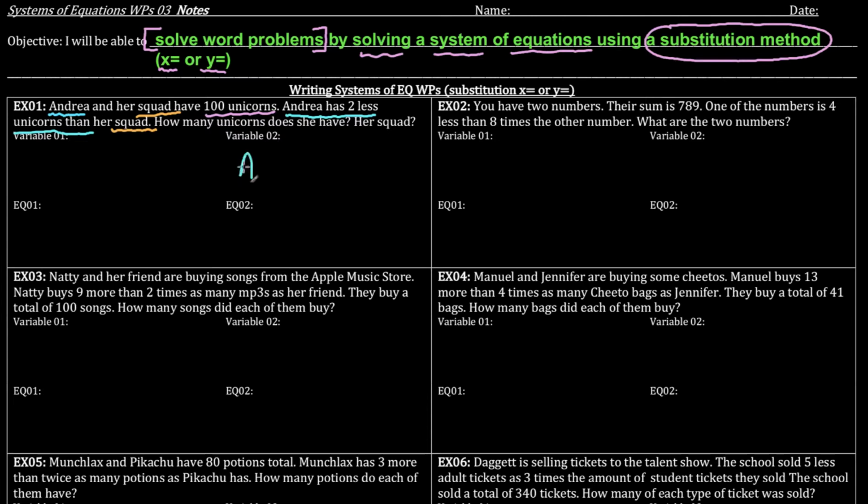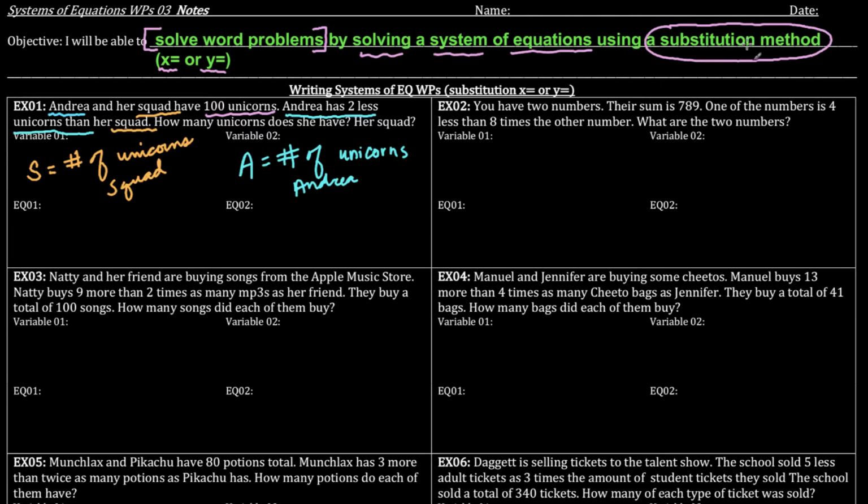So A will be number of unicorns Andrea, and then the orange will be her squad, so I guess S. So number of unicorns that her squad has.